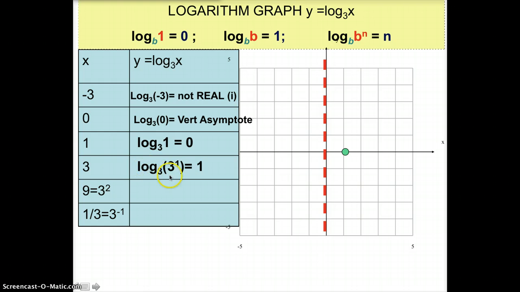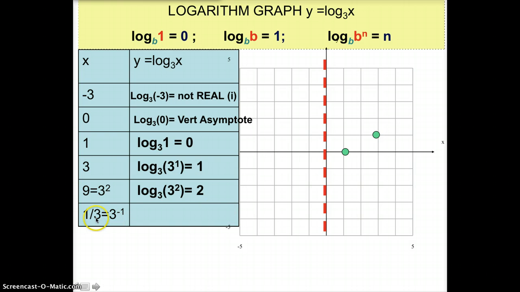So the log base 3 of 3 to the 1st power is 1. So that would be the point right here. The next point would be 3 squared, which is 9. Let's pick easy numbers because the log base 3 of 3 squared, that's this rule again, of 9, is 2. So the graph would show that kind of out here off of the graph.